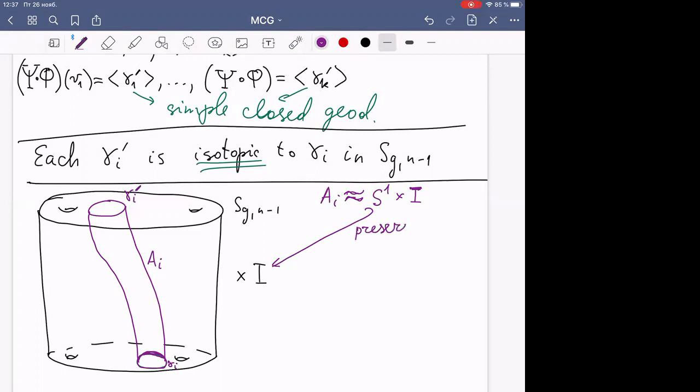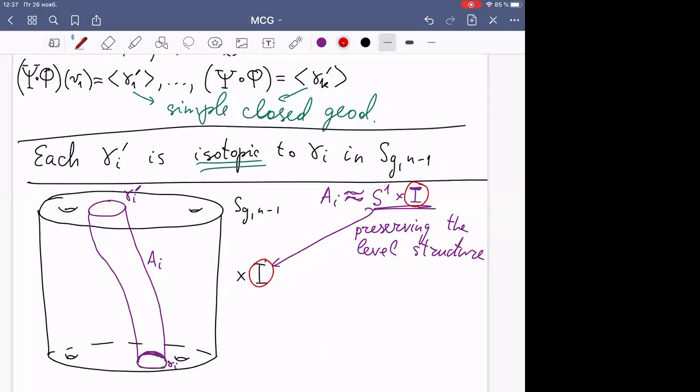Preserving the level structure. This means that we have here a coordinate of time, and this coordinate, they should go one to another. So any isotopy is like that. Isotopy is by definition such a cylinder.